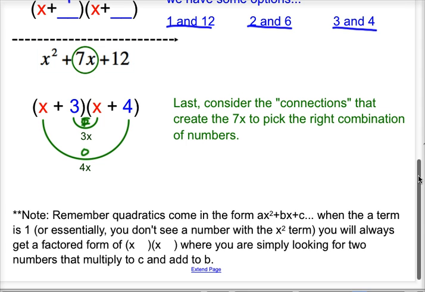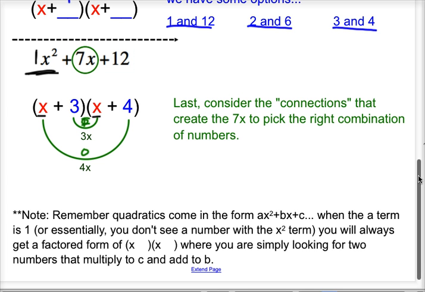Now, I want you to note that here, when the x squared is by itself, when it has an a value of 1, it is actually really simple to do this process because literally all you're going to get every time is 2 x's here, and then you have to look for 2 numbers that multiply to the 12 and add to the 7.